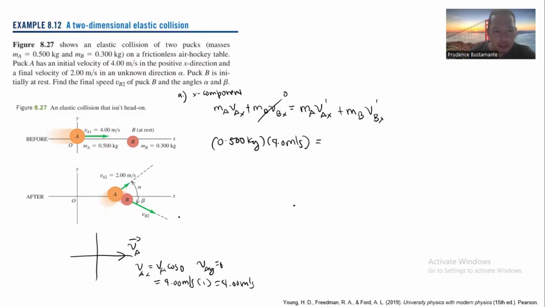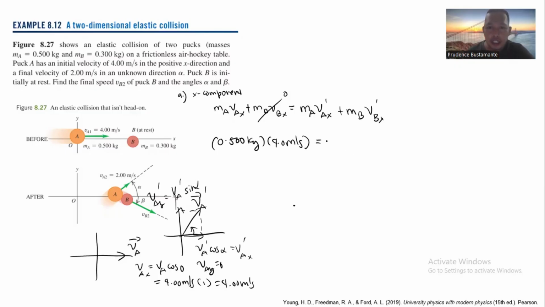Our final velocity of A in that direction has a component VA prime cosine of alpha, and it is also equal to Vx. In the y component, we also have VAY prime equal to VA prime sine of alpha.